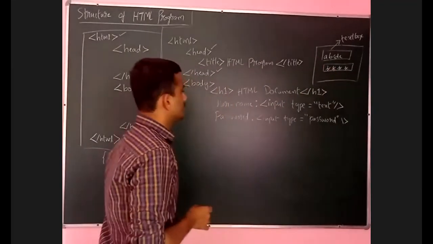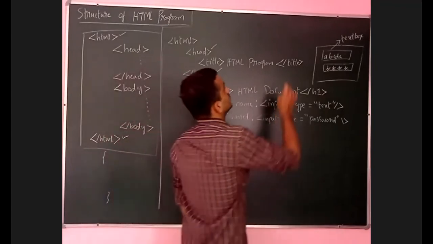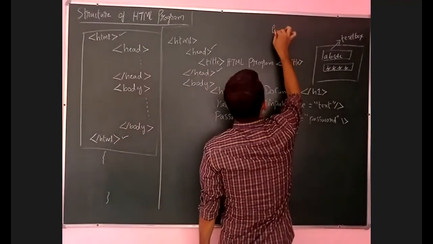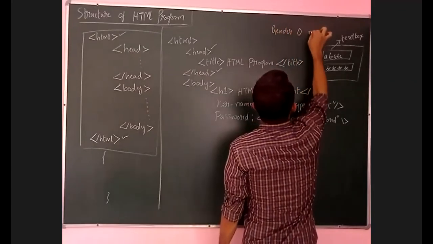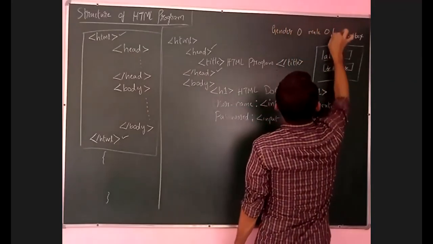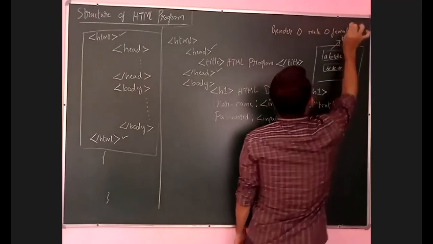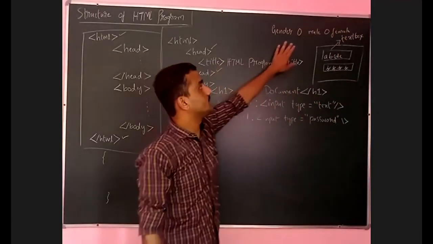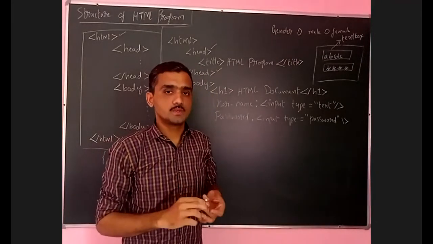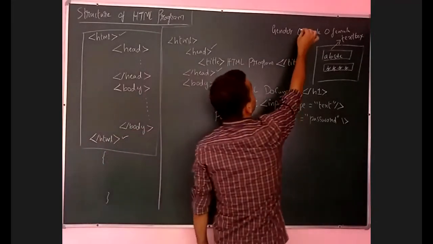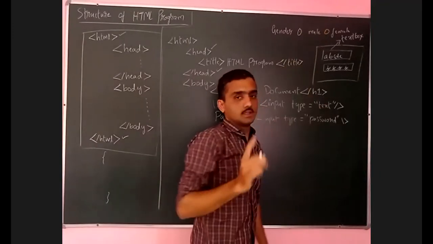Next thing, for example, you might have observed while filling an application, gender. It will be displayed like this: male, female. These types of circles are called radio buttons in the HTML programming language. When you click on one, you can select one at a time.